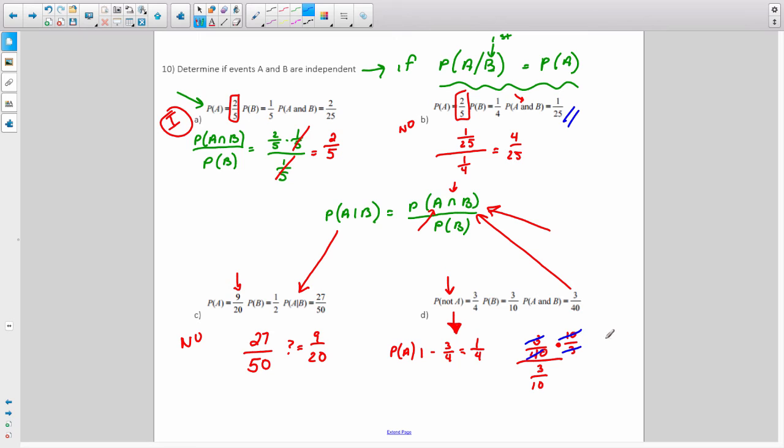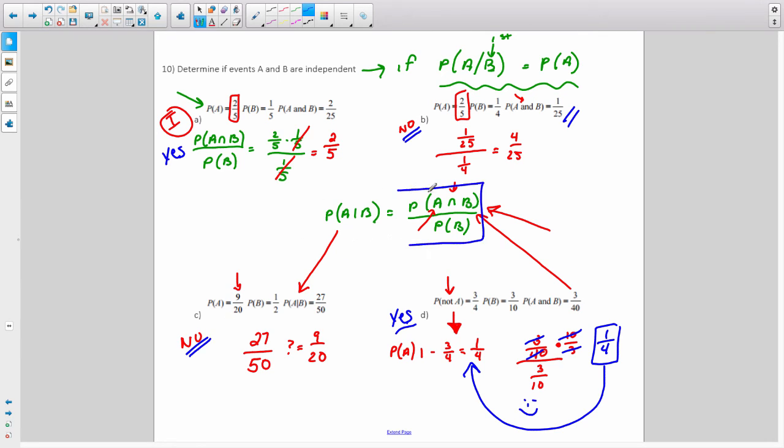And the 10 and the 4 becomes a 4 in the bottom, so that's 1/4. Now, are you equal to the probability of A? Yes, you are. So this baby is independent. Nice, so we have a yes, we have a yes, so the yes get the corners on the top left and the bottom right, and we got the no's for these guys. So this is how you can prove independence if you're given the probabilities of events.